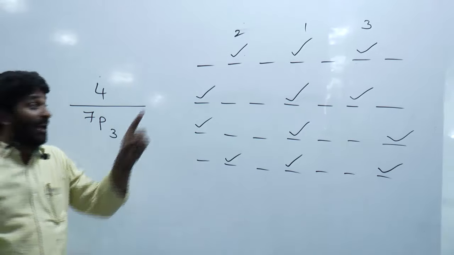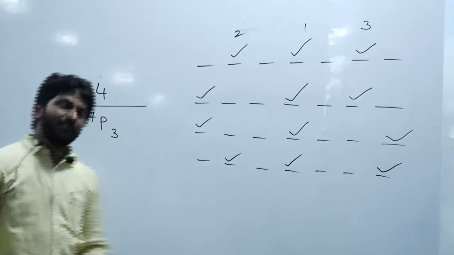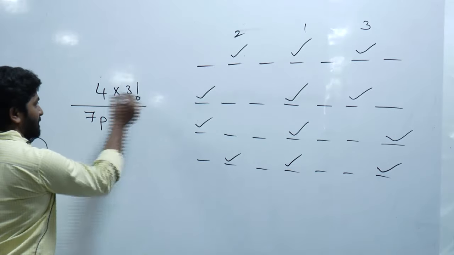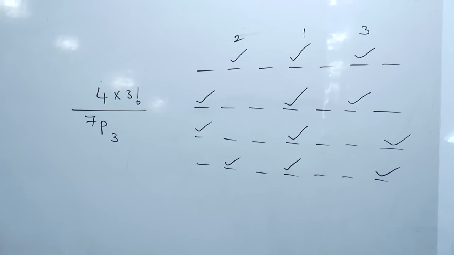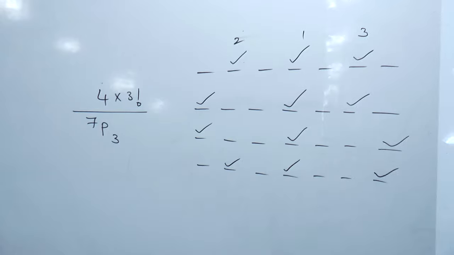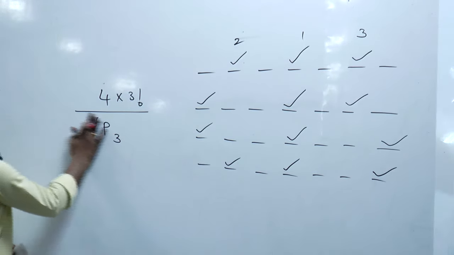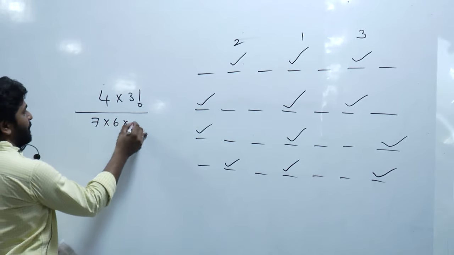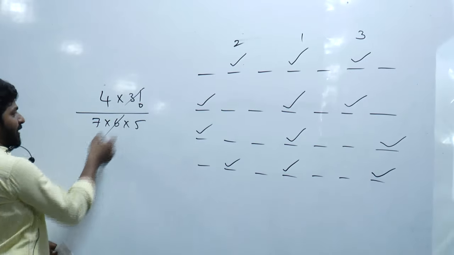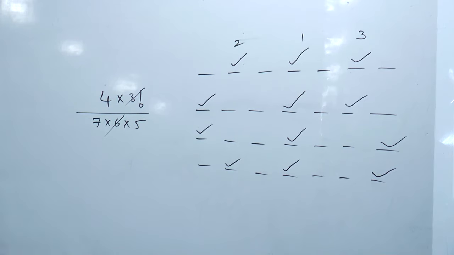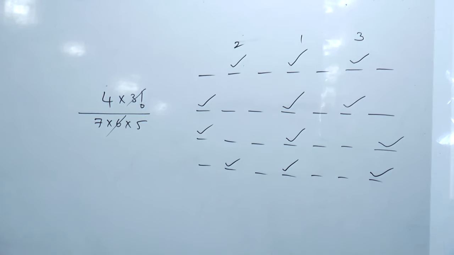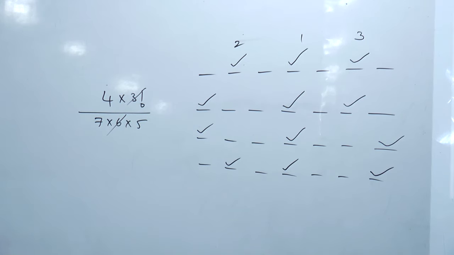So in how many ways can we arrange these people? 3 factorial. Do it. So which is 7 into 6 into 5. With 3 factorial, 6 gets cancelled. 4 by 35. Got it? Right.